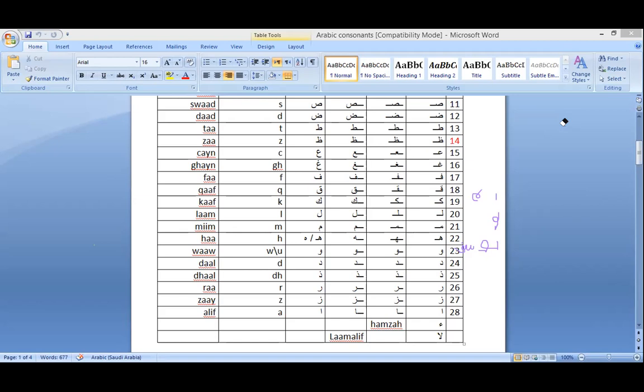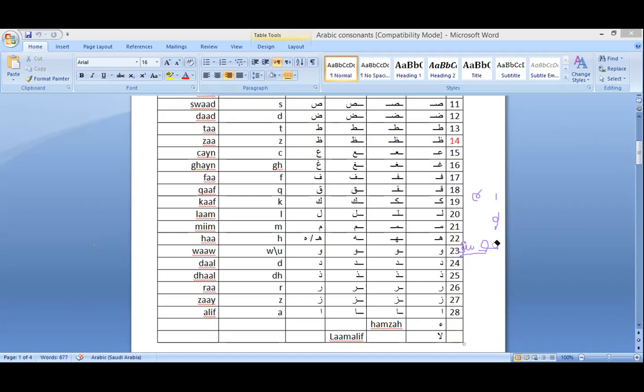So put two dots. Where? The ya. Where is the ya now? Is this the beginning here? This is ya. All of this cannot be ya, it's only this one.